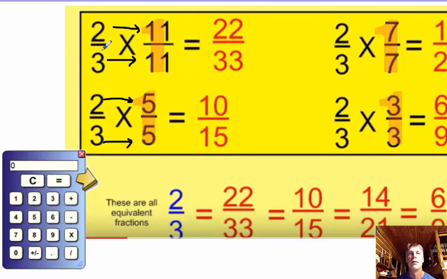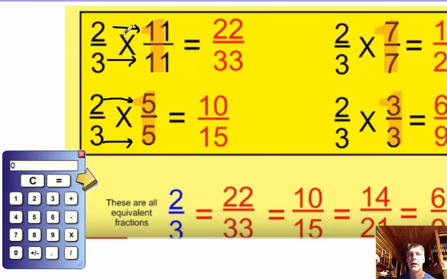So now I want to take 2/3 and find an equal fraction of 22/33. Well, how do I get that? I'm going to multiply 2/3 times 1, but the 1 is really 11/11 like we learned on the last slide.